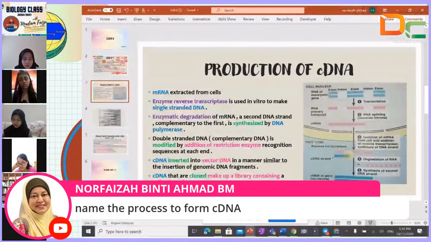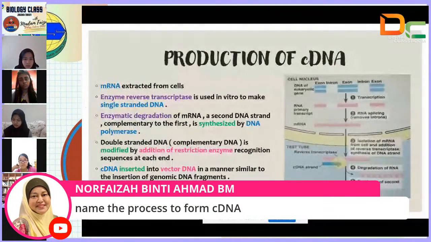Okay, teacher has shared your second slide. So now, next is the production of cDNA. mRNA is extracted from the cell. The enzyme reverse transcriptase is used in vitro to make single-stranded DNA.